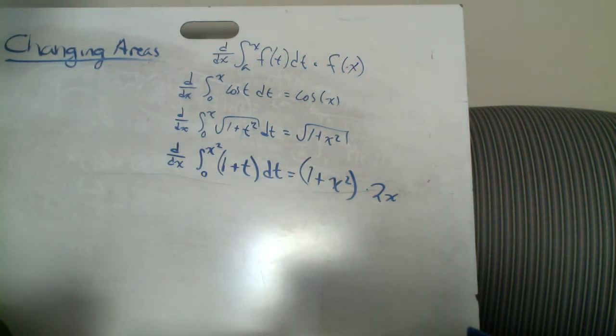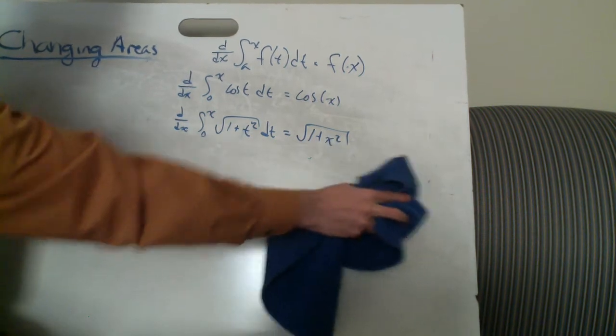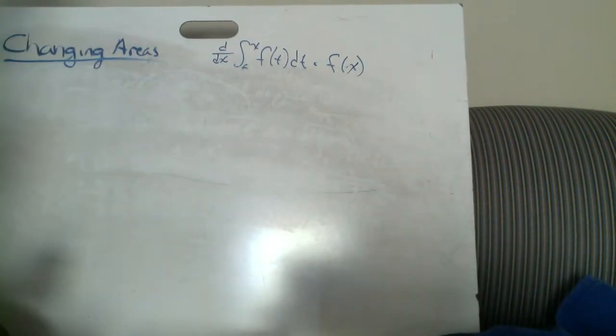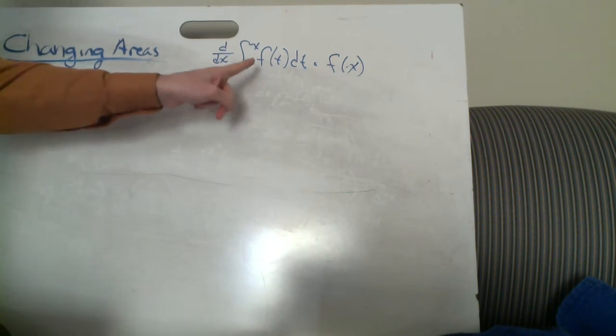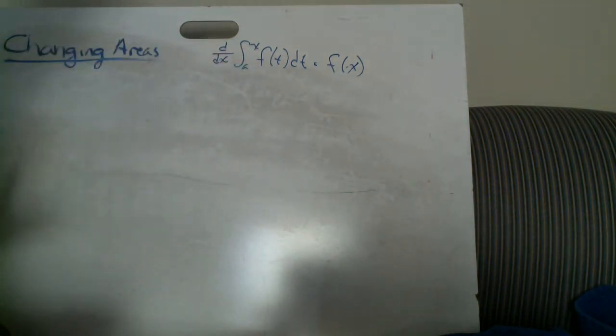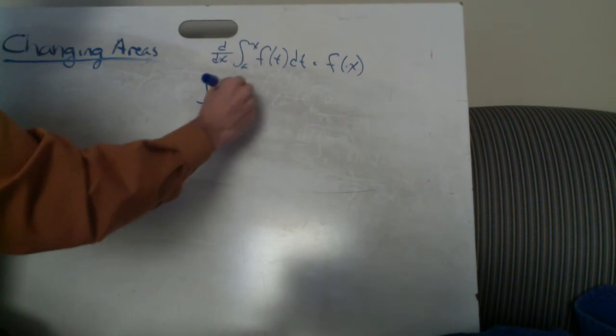Here comes our last example. Let's say we start out with the fundamental theorem of calculus. If the derivative of this integral is this function, I can take the antiderivative of both sides here and see something pretty cool.